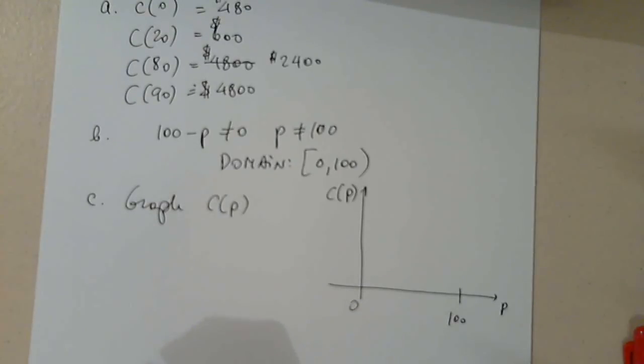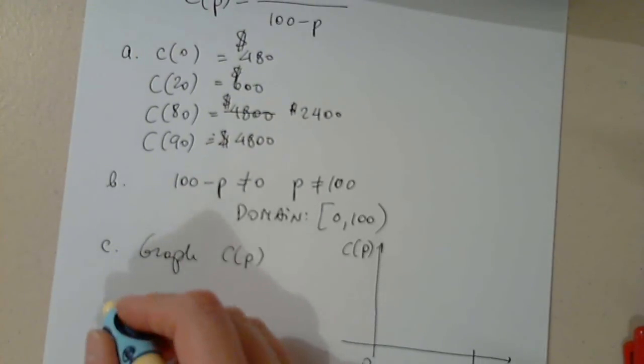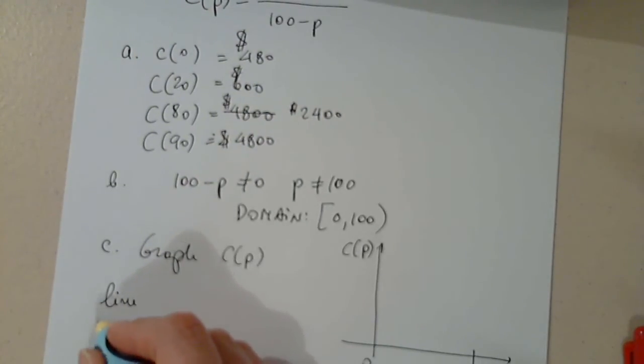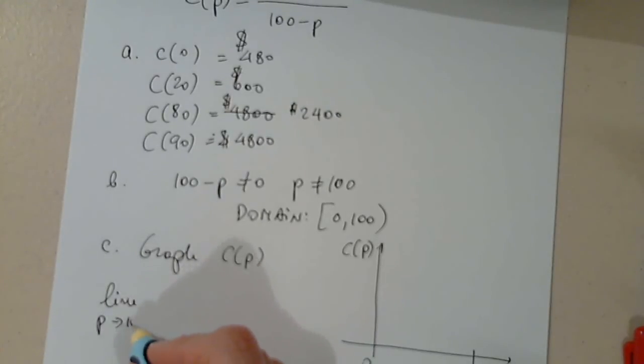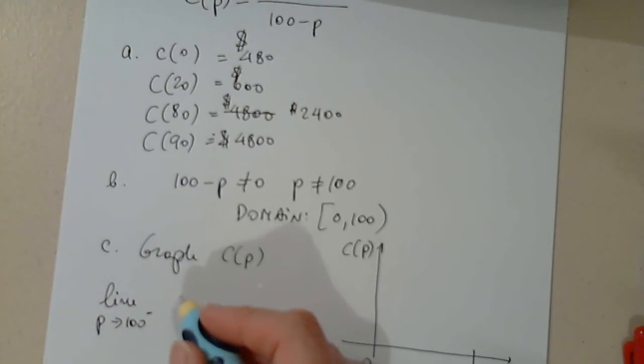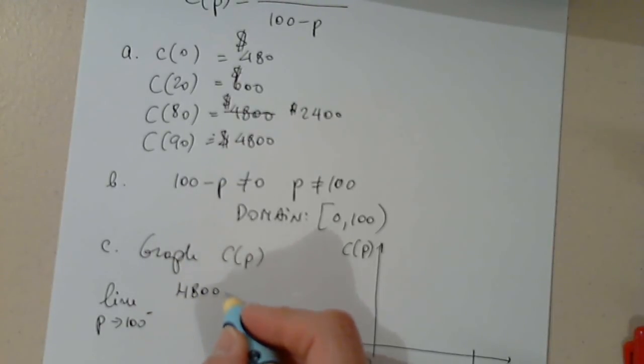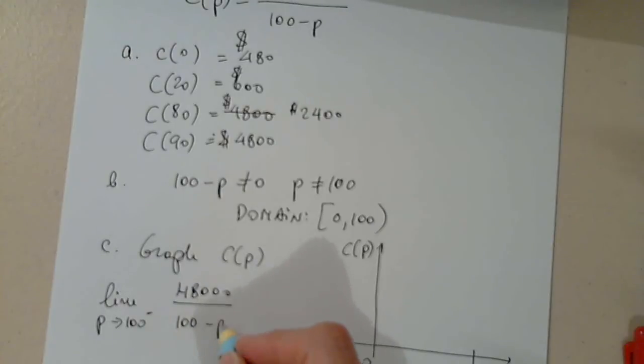Very good. I already know that this function, first I have to determine its limit, as p goes to 100 from the left of 100, 48,000 divided by 100 minus p.